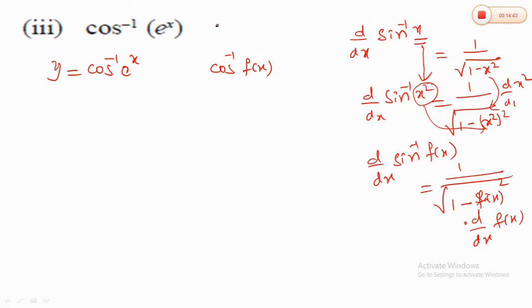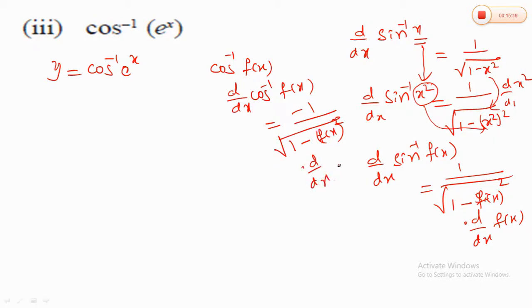So similarly, d by dx of cos inverse f(x) is equal to minus 1 upon root of 1 minus f(x) bracket square, into d/dx of f(x). It is better to remember this. So simple thing is there.